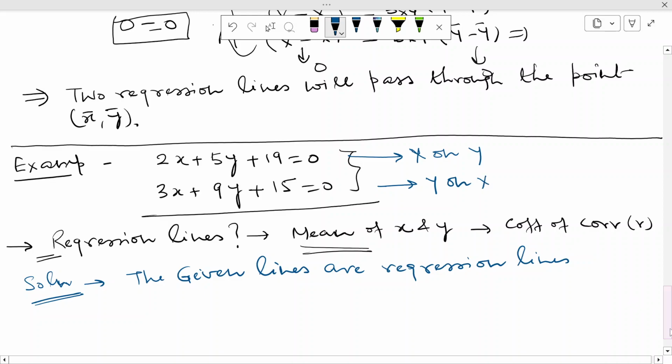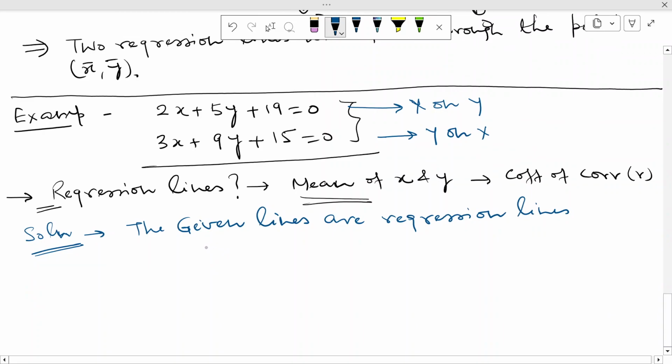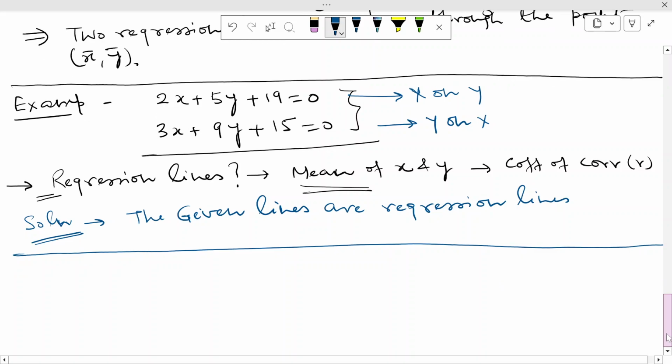Now before we proceed towards this important problem, let us discuss another important concept which I forgot to mention above. If you have this line which is y on x, this is the equation for this line.